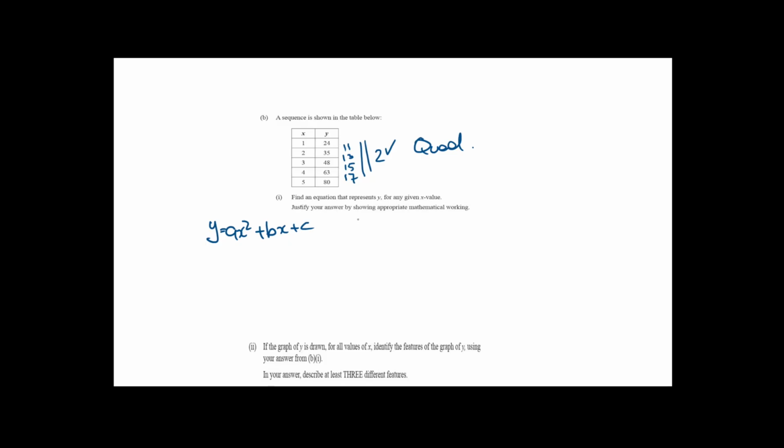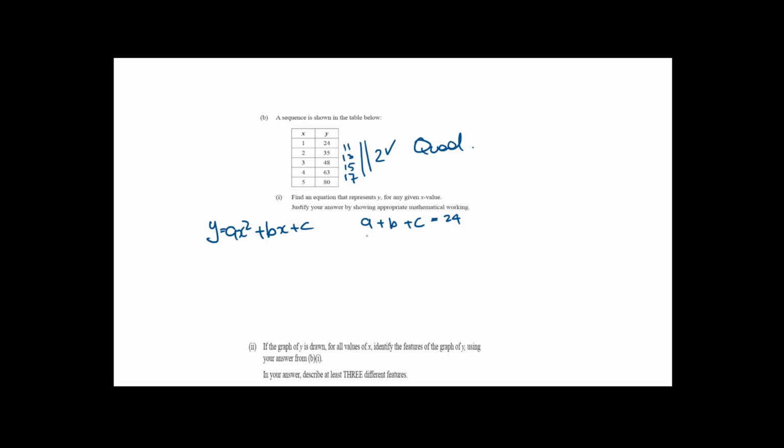And now it's actually a simultaneous equation. So let's take one of these points. It says that wherever x equals 1, y equals 24. So we're going to substitute 1 wherever we have an x and 24 where we have a y. So a times 1 squared is a, plus b times 1 is b, plus c equals 24. Then for another equation, let's choose 2. Wherever we have an x, we put a 2, and wherever we have a y, we put 35.